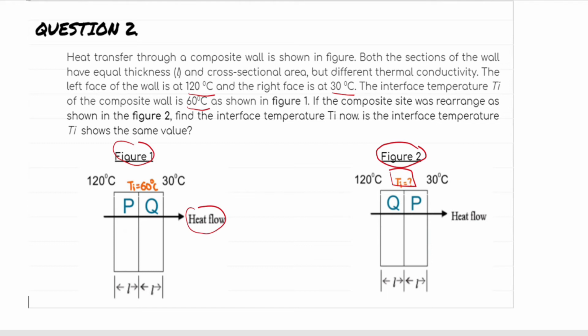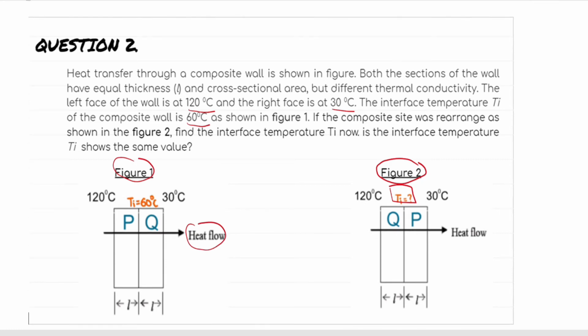So in figure 1, the heat flows from P to Q, right? But when we arrange the order of the walls, we put Q on the left side and P on the right side. So the heat flow starts from Q to P. So we need to find the interface temperature between them.